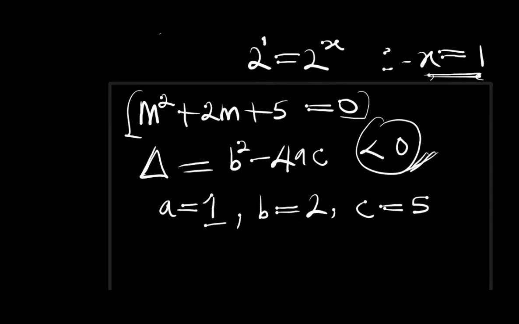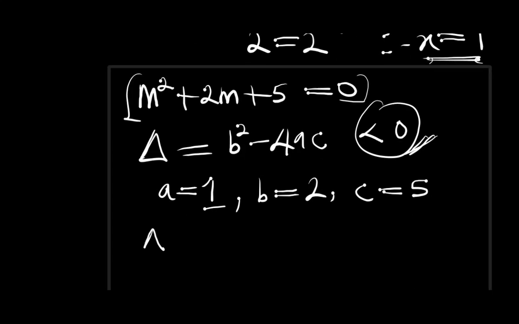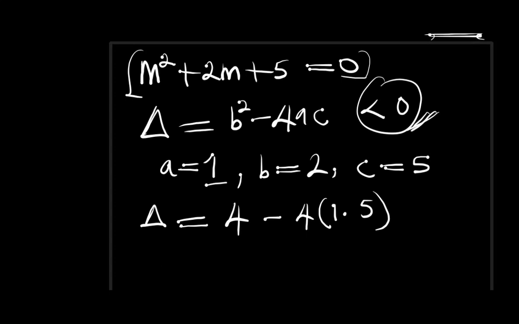So let's insert into this discriminant. We are going to have discriminant equals b squared, that is 4, minus 4ac. That is 4 minus 4 times 1 times 5.